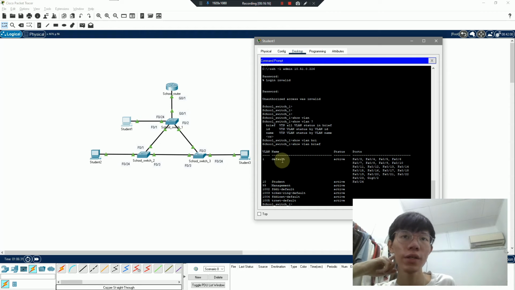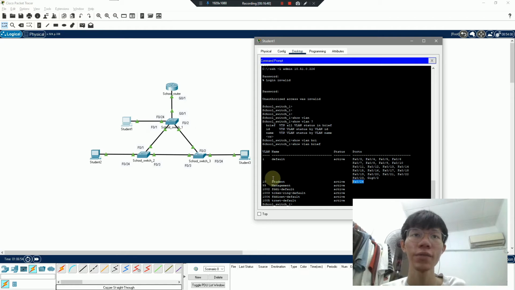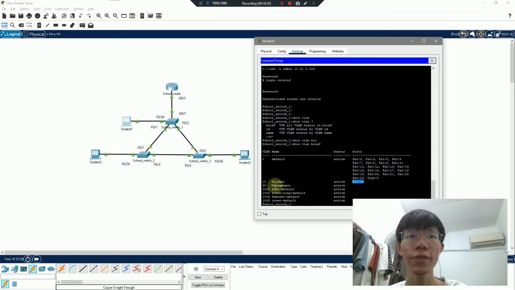So in the switch 1 we got the VLAN 1 which is the default for all the ports, and VLAN 10 which is named student, and I assign only the port FastEthernet 0/24 for the VLAN 10, which means the interface FastEthernet 0/24 will access the VLAN 10. So we also got the VLAN 99 which is named management.